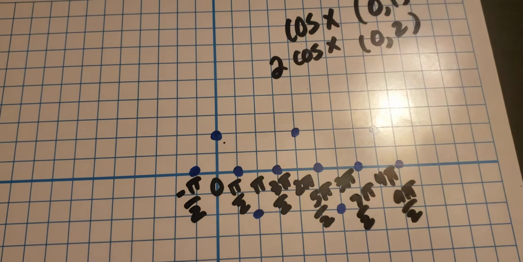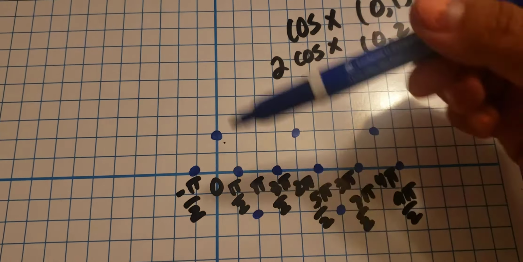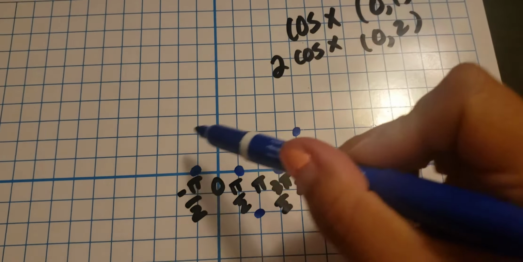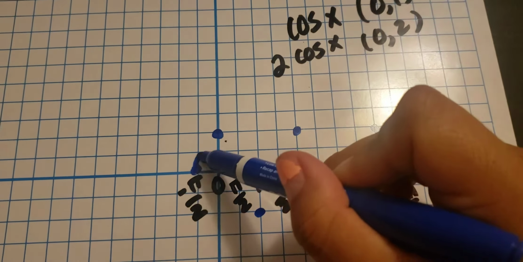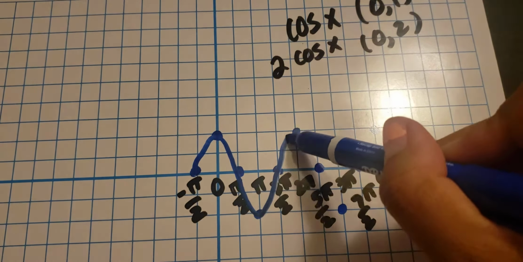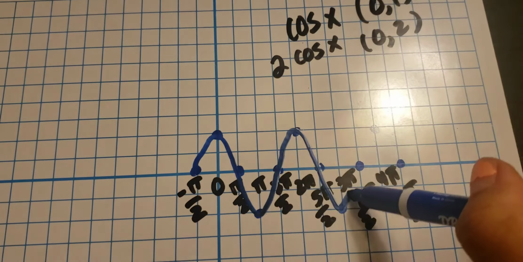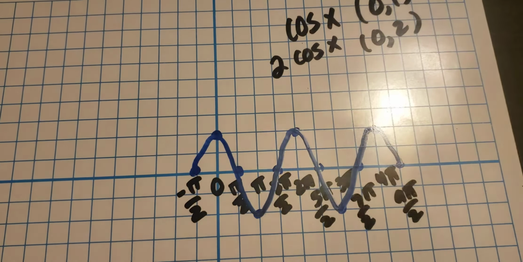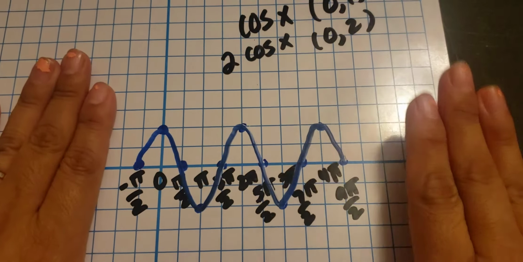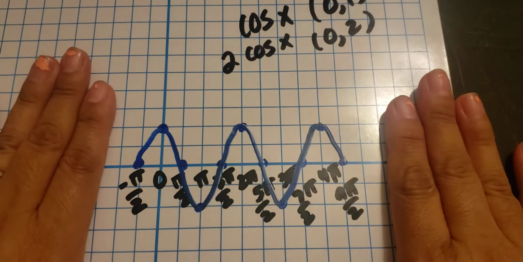Okay, so now you actually have enough points, and hopefully you can follow, but just imagine it, and make them curve, okay? So we're going to go up, down, up, down, up, and then down. So our viewing window starts at negative pi over 2 and ends at 9 pi over 2.